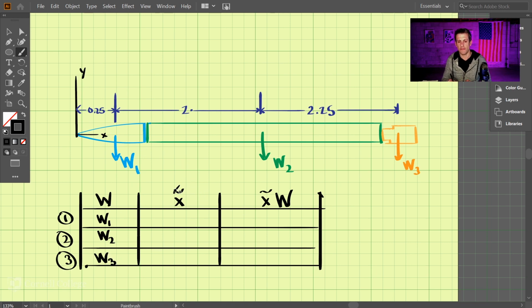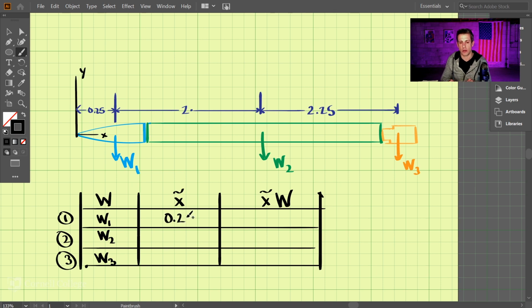Now X tilde is the distance away in the X direction that the center of gravity for each component acts. For example, for component number 1 here, the center of gravity acts 0.25 away in the X direction from our origin. And we can choose the origin to be anywhere we want.